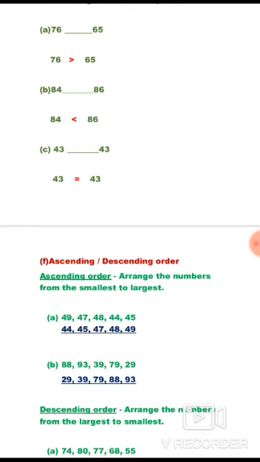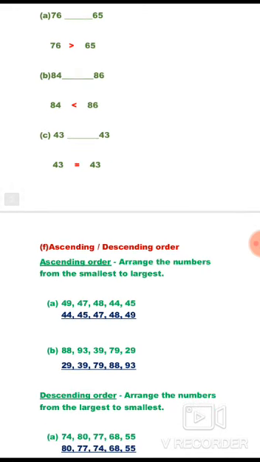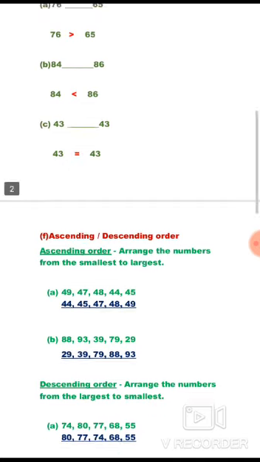Now see what is the largest number here. It is 80. 80, then 77, then 74, then 68, and at last you will write 55. So the arrangement should be 80, 77, 74, 68, and 55.